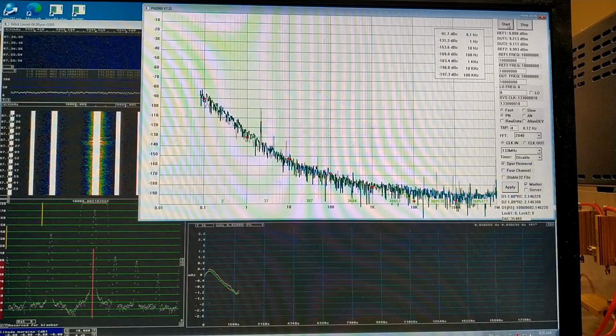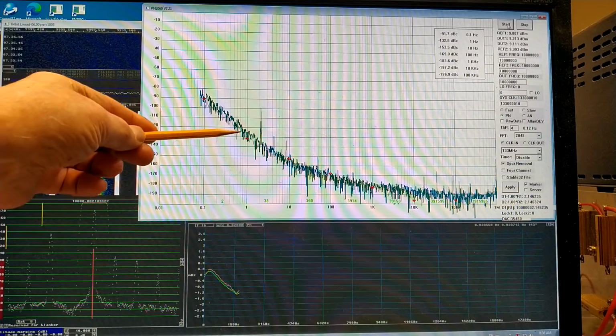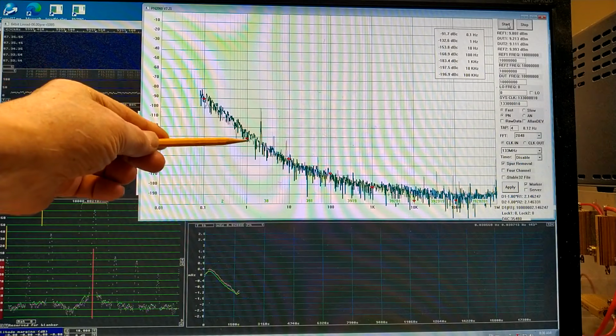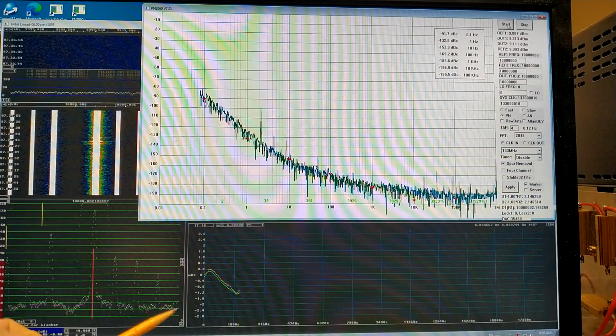Something has gone wrong with my box now. I just opened it and cut the wire to this resistor, and now the box is unstable. And I can see it here clearly, and of course at the sideband noise, which is now minus 125 or something like that.